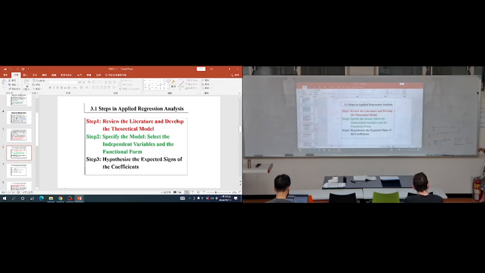Sometimes we say this is a U shape. Whether it goes this way or this way really depends on the size of B1 and C, according to the math.